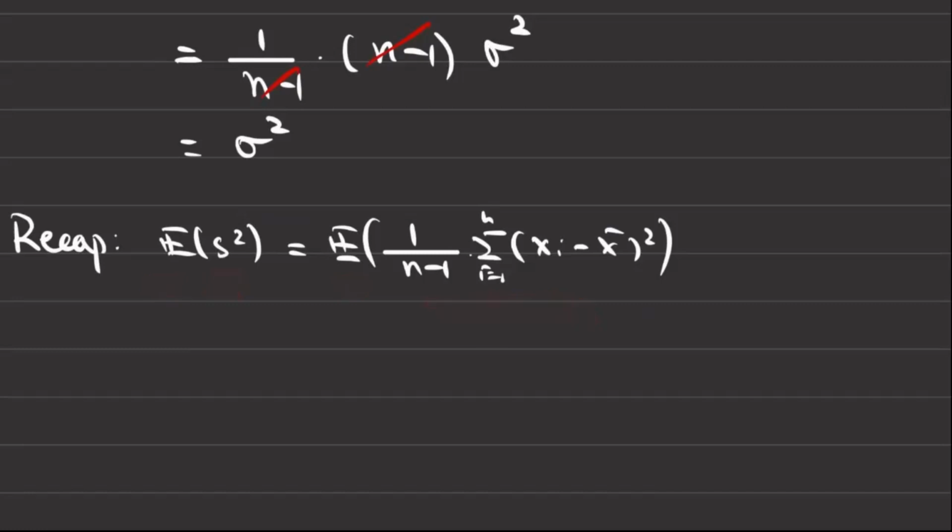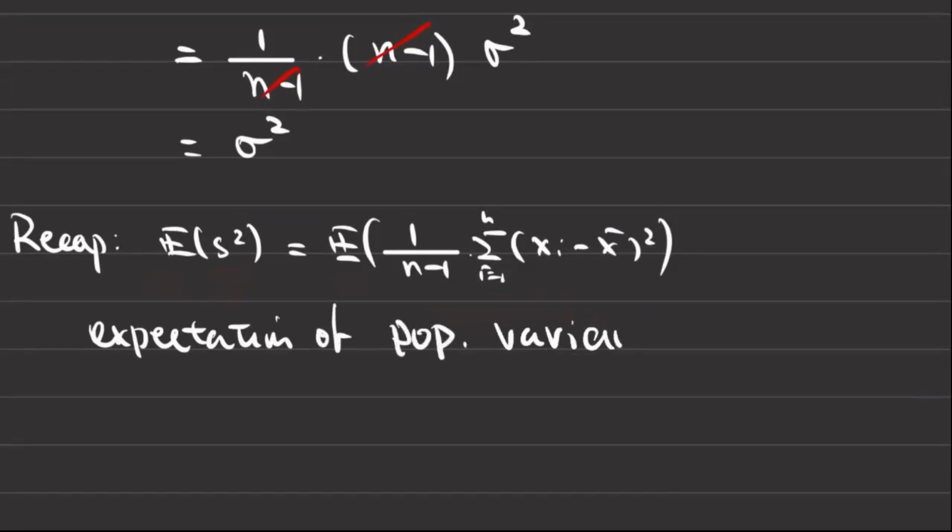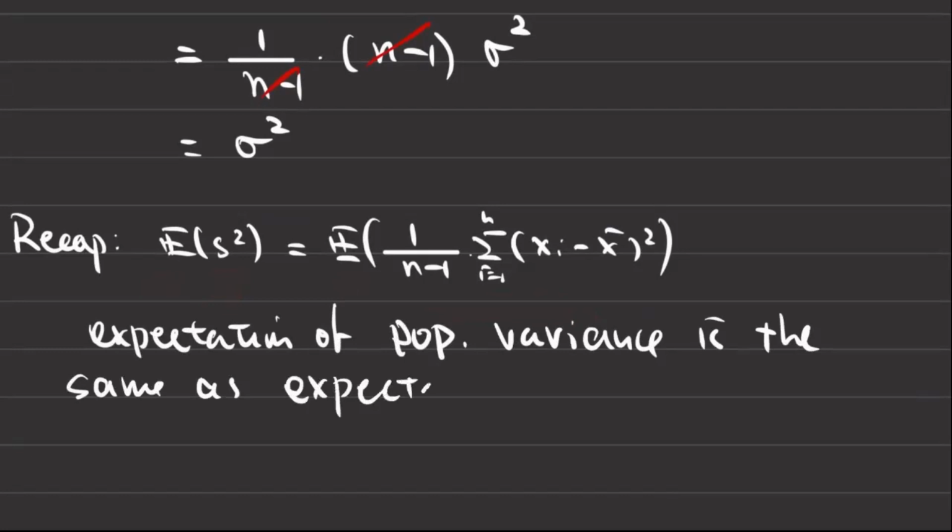Okay, so let's write that down in plain English. The expectation of sample variance is the same as the population variance.